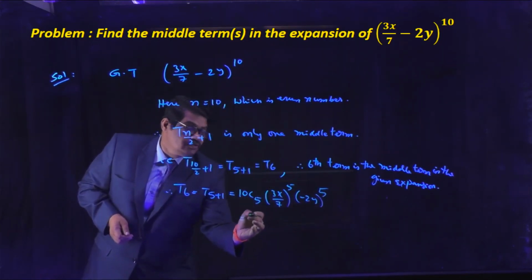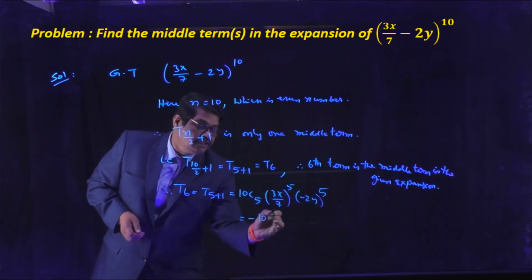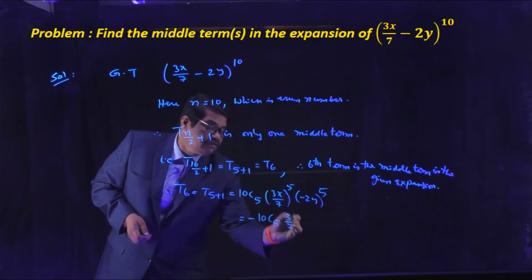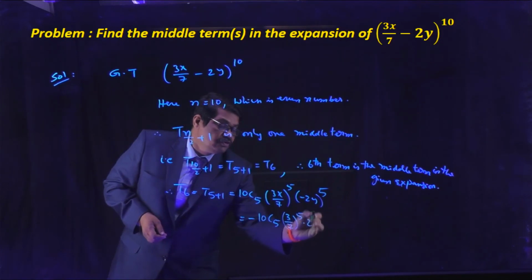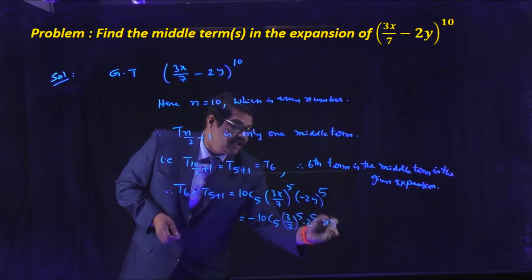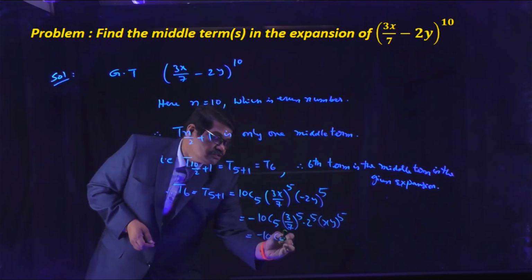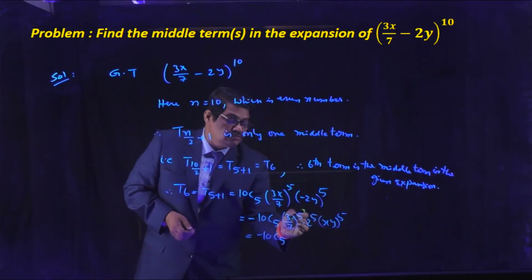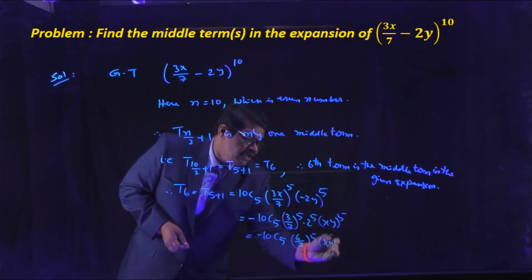That is equal to minus 10C5 times (3/7)^5 times 2^5 times (xy)^5. Simplifying, 3^5 times 2^5 is 6^5, so we get (6/7)^5 times (xy)^5.